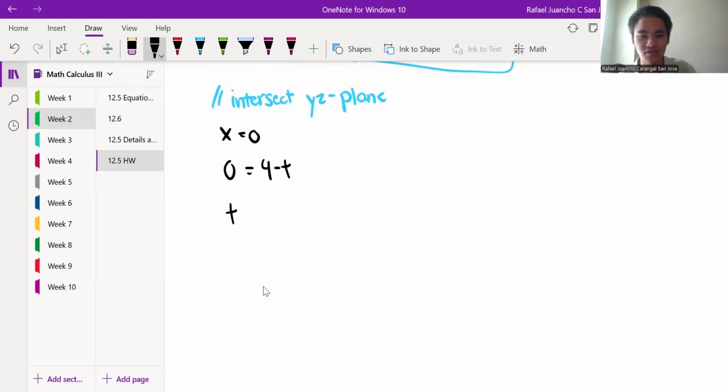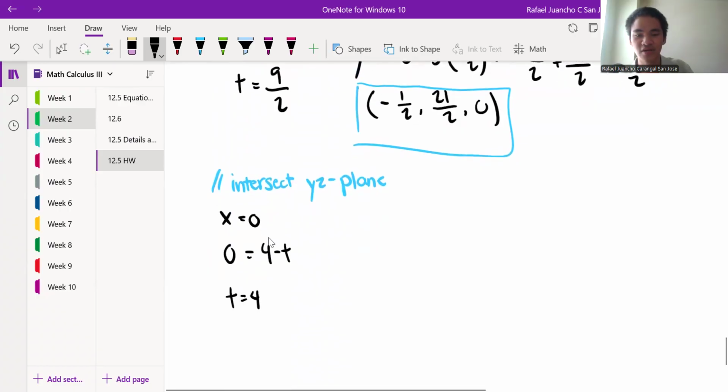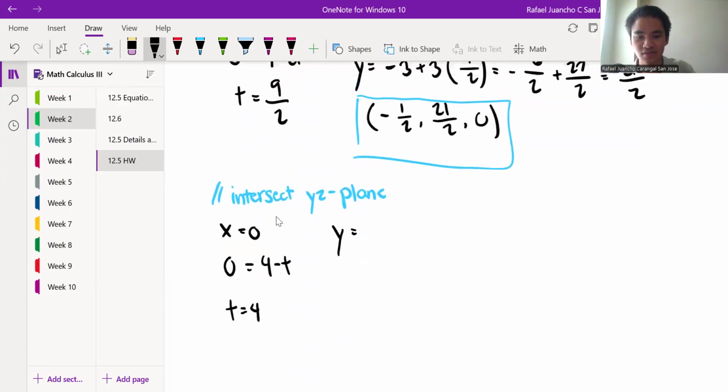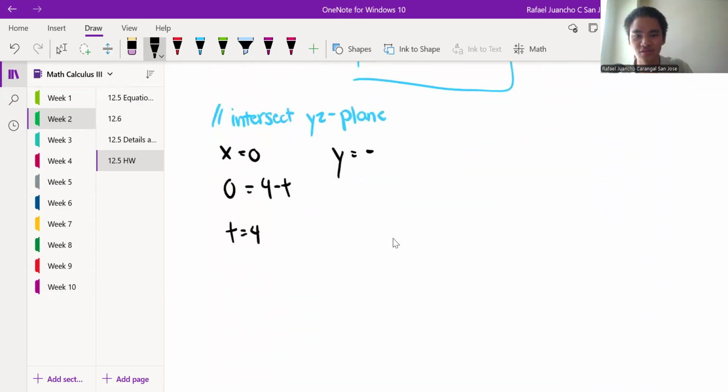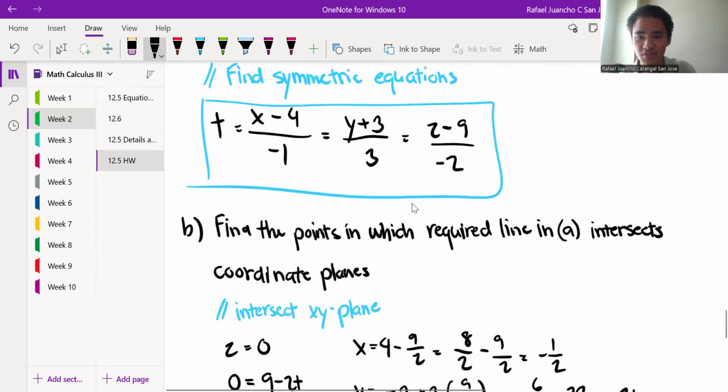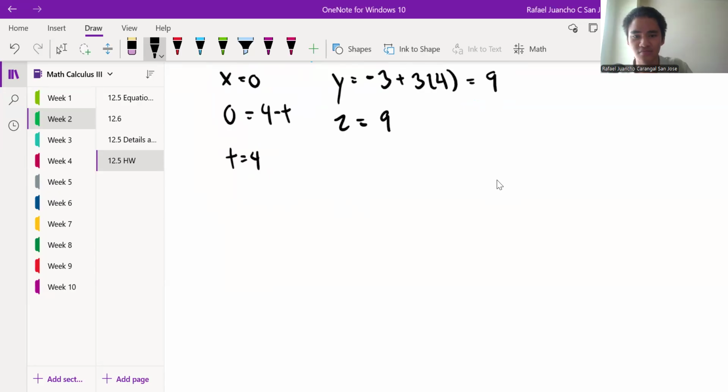Look at that, t is 4. Once you get that t, we can plug in for y and z. So y is negative 3 plus 3 times 4. It's a clean number. That's 12 minus 3, that's 9. Z is 9 minus 2t, so instead of t, I plug in the 4. 9 minus 8, that's 1.